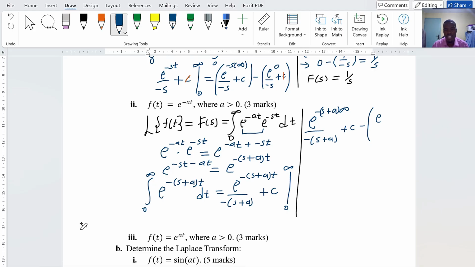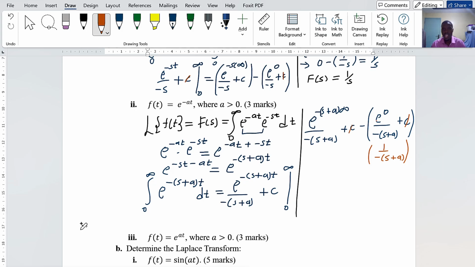At the lower bound, t is 0, so the entire power here will be 0, divided by negative into s plus a, and then plus c. So automatically c goes because of the subtraction. And you know very well that this will become 1 over negative into s plus a, because e power 0, any number raised to the power 0, is 1.